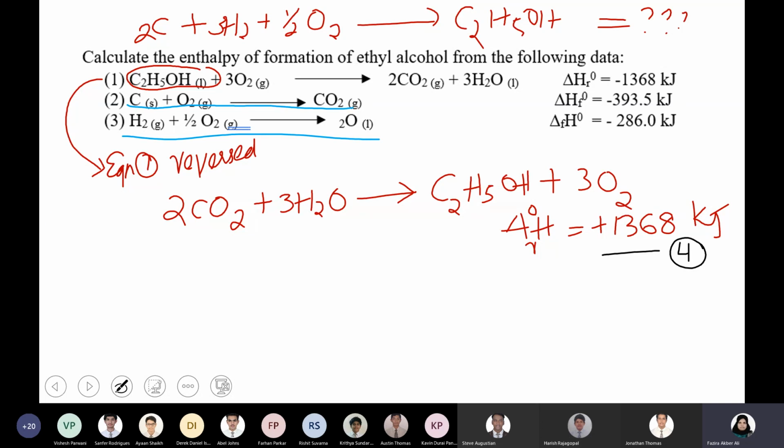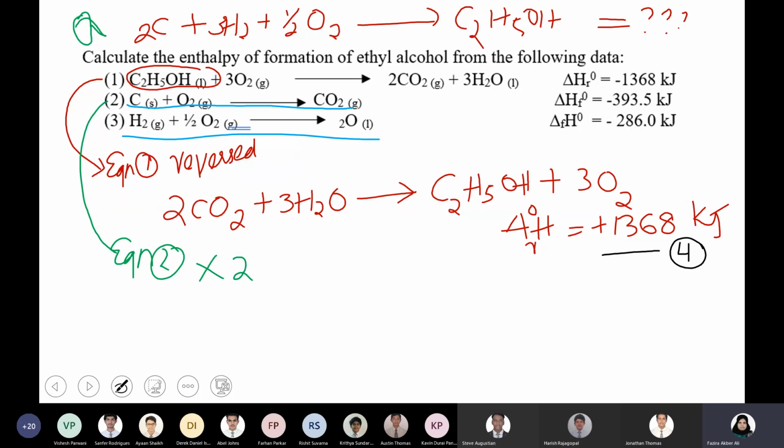So in the next step, equation 2, you need to multiply it by 2, because there are 2 carbon in the required equation. This is the required equation, 2 carbon plus 3H2 plus half O2.